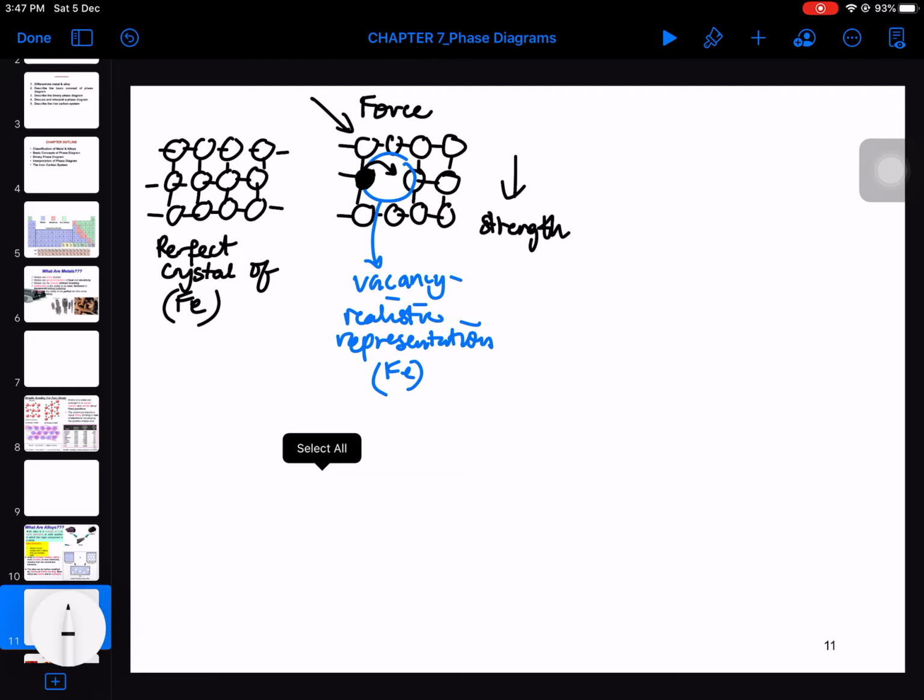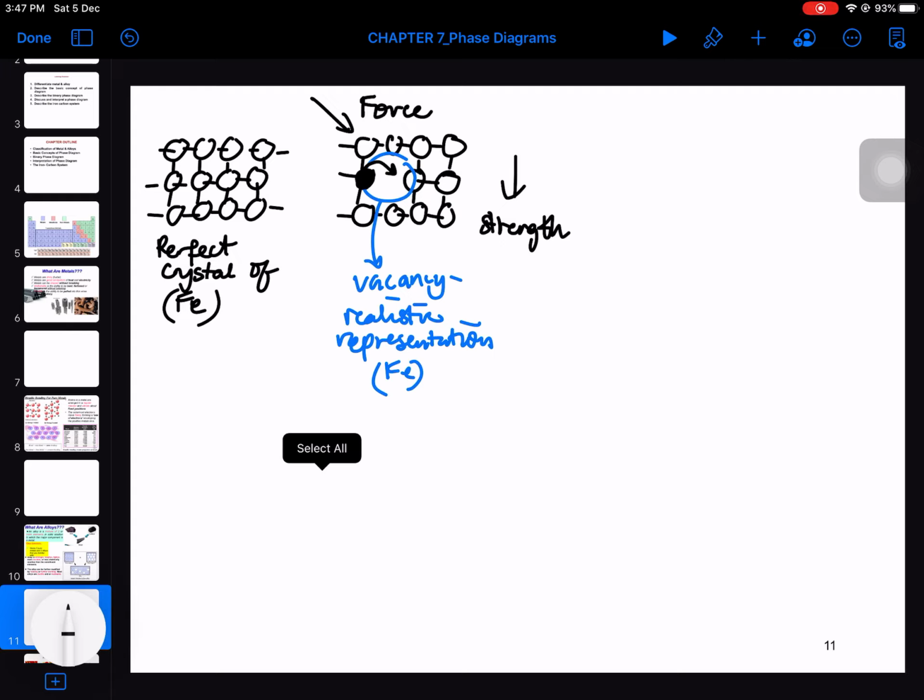Now, most engineering applications require the usage of a good material, especially metals, with good strength. In this case, because of the imperfection which occurs in the crystal structure of iron, the strength of the iron is actually lower than the theoretical value.